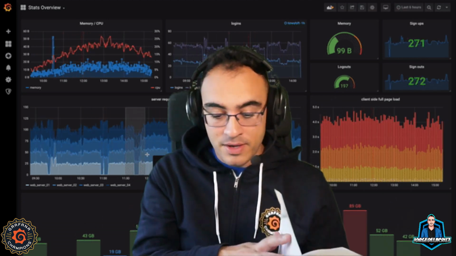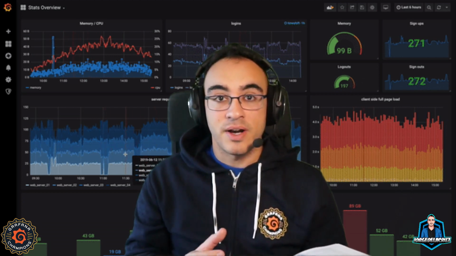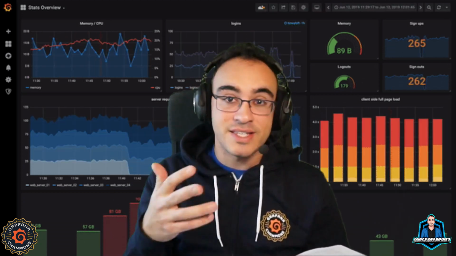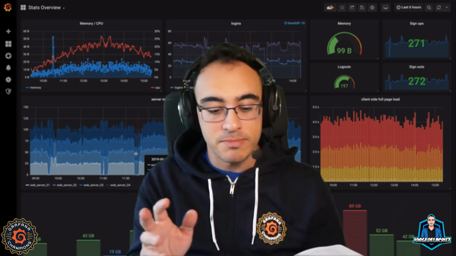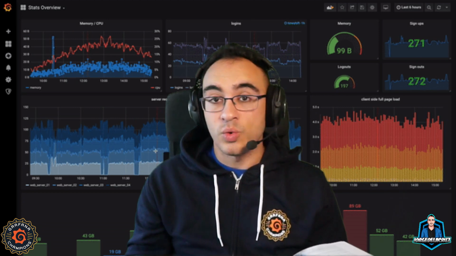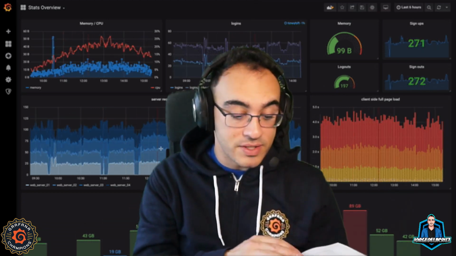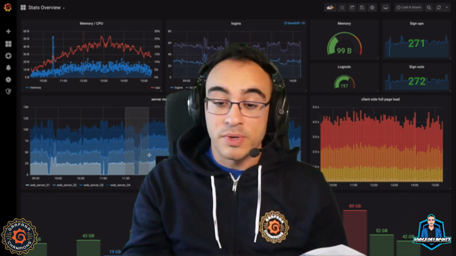It has become one of my favorite products inside Grafana as well, because you can start ingesting billions and billions of lines of logs, and then Loki is going to help you build very, very simple queries based on your logs.